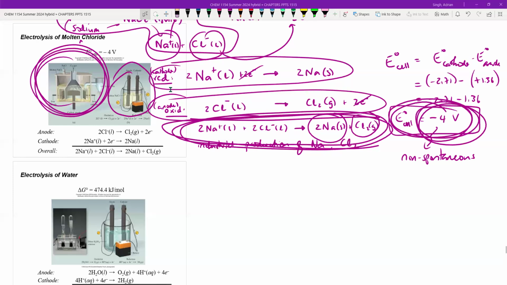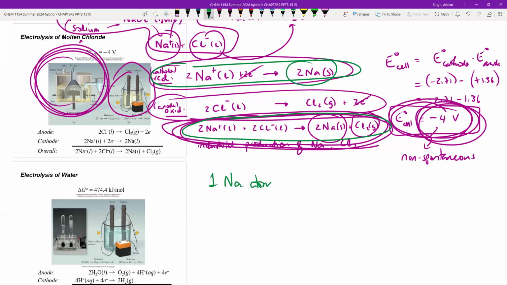So what does this information tell us? In the electrolysis of molten sodium chloride that we have here, according to this reaction, especially the cathode reaction, it tells us that one sodium atom, one Na atom, is produced when one Na+ ion accepts one electron.